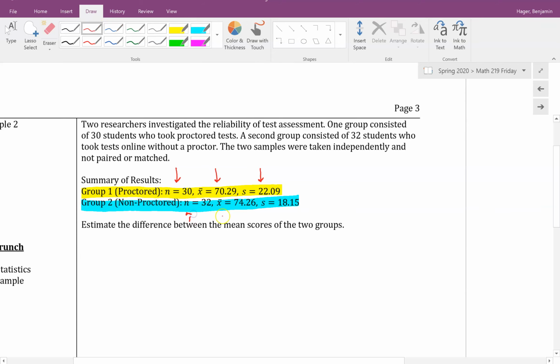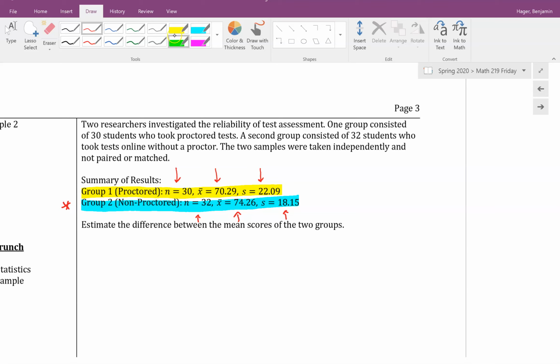Sample size, exam average, standard deviation. The question one might have is, did this group do better? If they're not being proctored, is there a chance that cheating could have occurred, and is it more likely that those exam scores would be higher than the group that had someone in the room proctoring the exam?